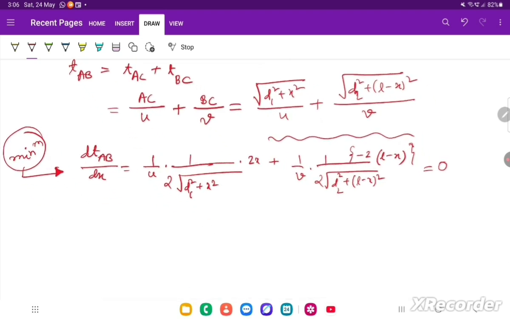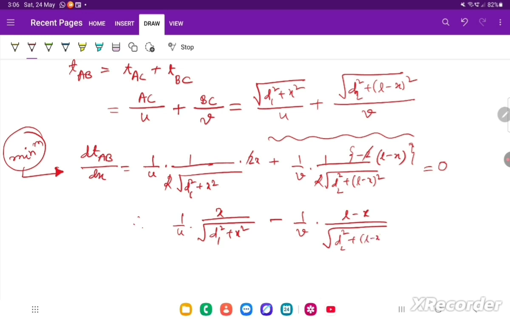So let's simplify this one. This 2 gets cancelled, and we'll get 1 by u into x upon root over d1 square plus x square, plus 1 by v into, let's put a minus sign here, L minus x upon root over d2 square plus L minus x whole square.